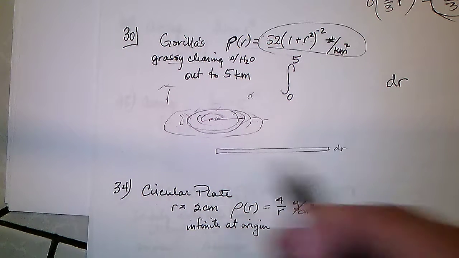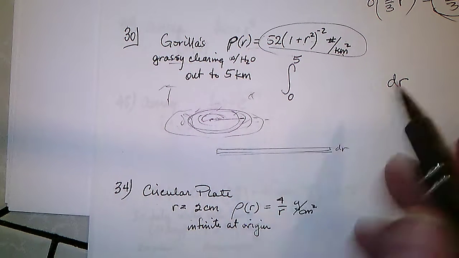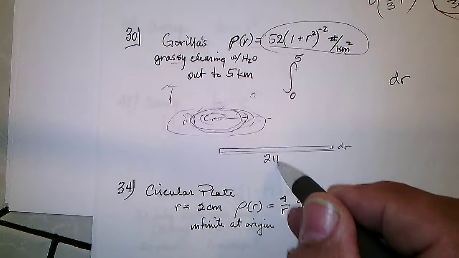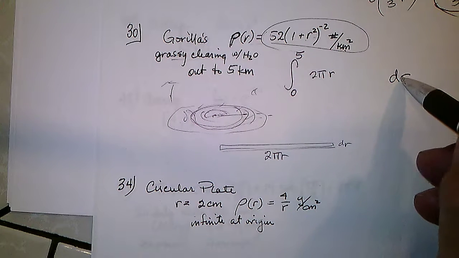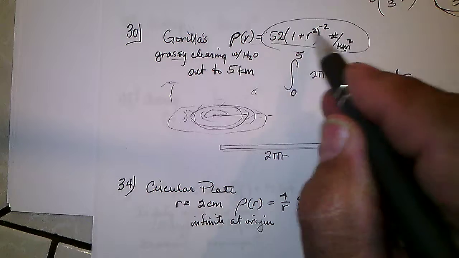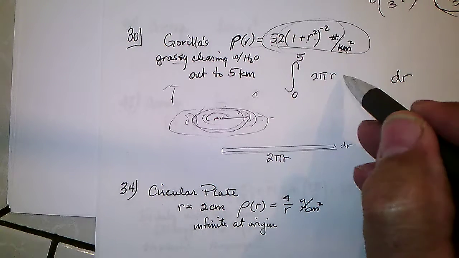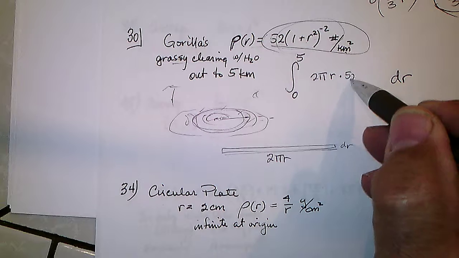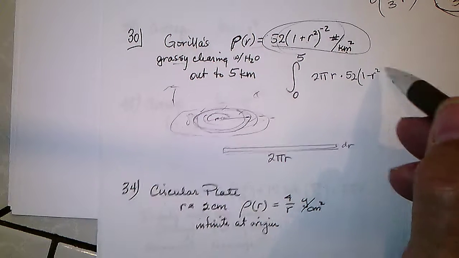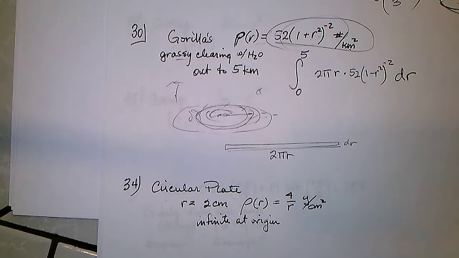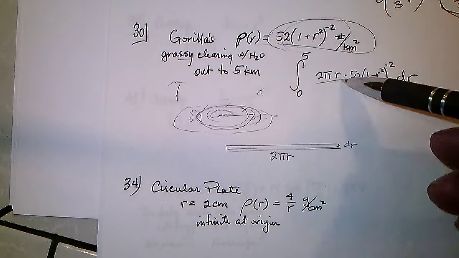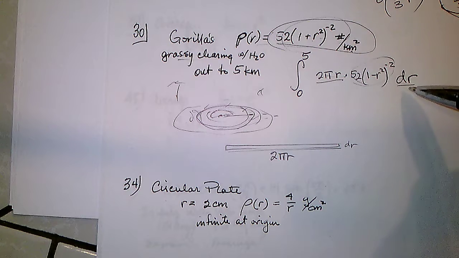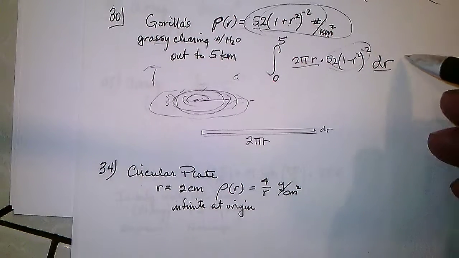That's dr, and its length is the distance around a circle, the circumference, 2 pi r. 2 pi r dr, that would be the area, times the population on that area. So times 52 times 1 plus r squared to the -2. And you're looking at it and saying, I don't like this, but that's all we're doing. The area of the ring times the population per square unit of area to get the total population.